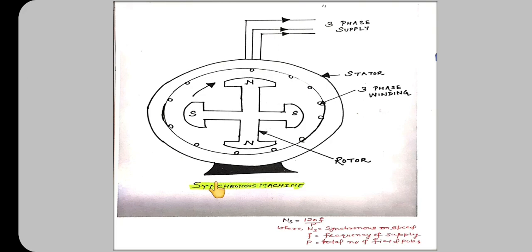As for a particular machine, the number of poles is fixed, so the synchronous speed largely depends upon the frequency of supply. Now, practically all medium and large machines are constructed with revolving field and stationary armature.